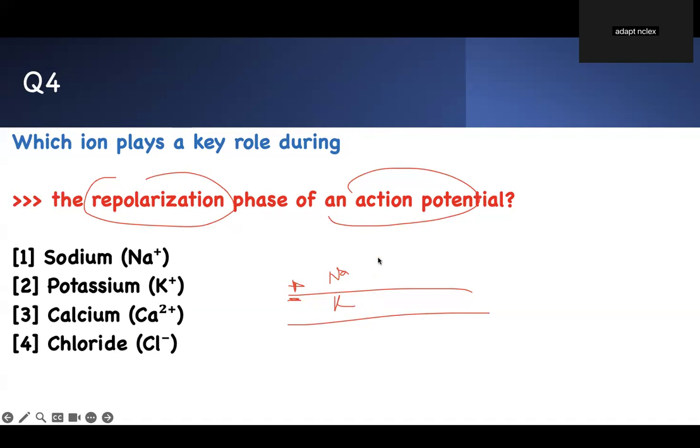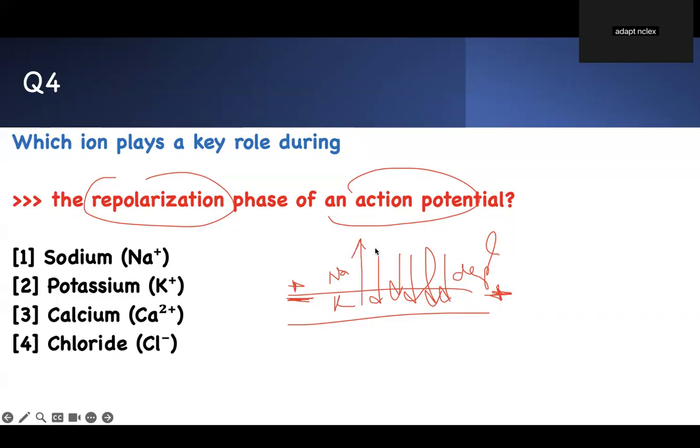Depolarization happens when you have a rush of sodium going inside. A lot of sodium goes inside. This is depolarization, and the negative becomes positive. So the cells are more positive inside and the information gets transmitted. When you want to bring it back to the original state, what is it? Repolarize. So more potassium will leave.